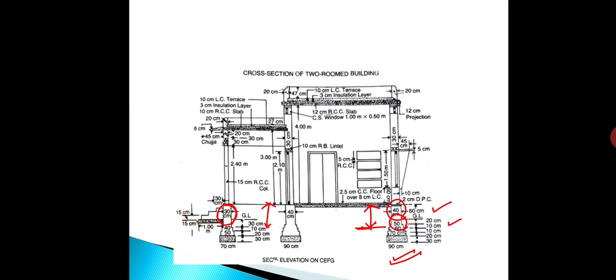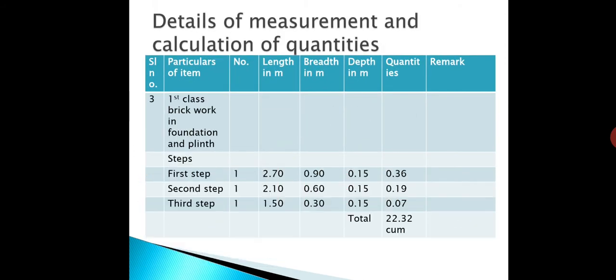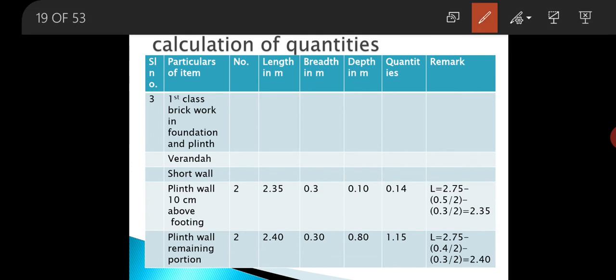Therefore here we will write down, see here we have written veranda short wall, plinth wall 10 centimeter above footing.